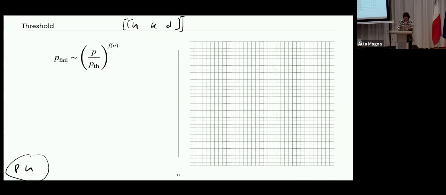What I'm saying is that the error that you cannot correct is this one, because this is a logical error. This has syndrome 0, you don't see that this is happening. Or as I said before, any error that percolates the lattice.